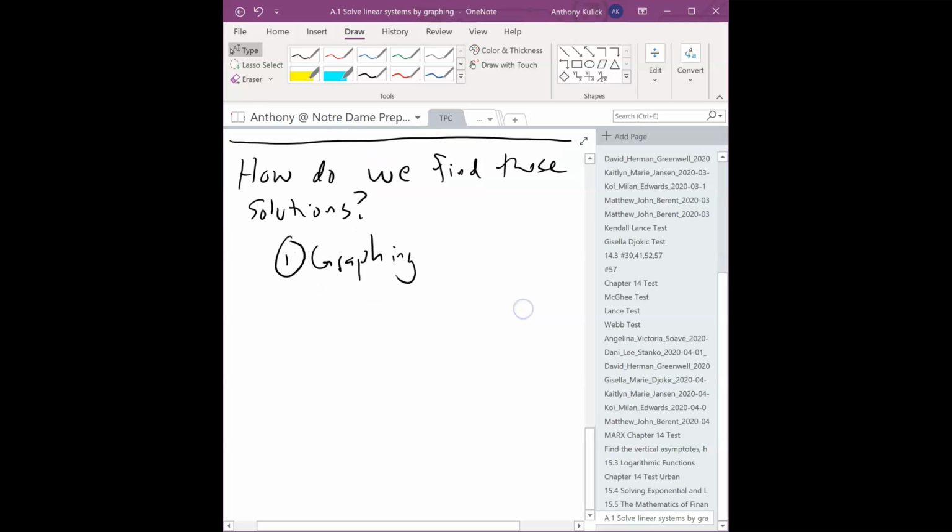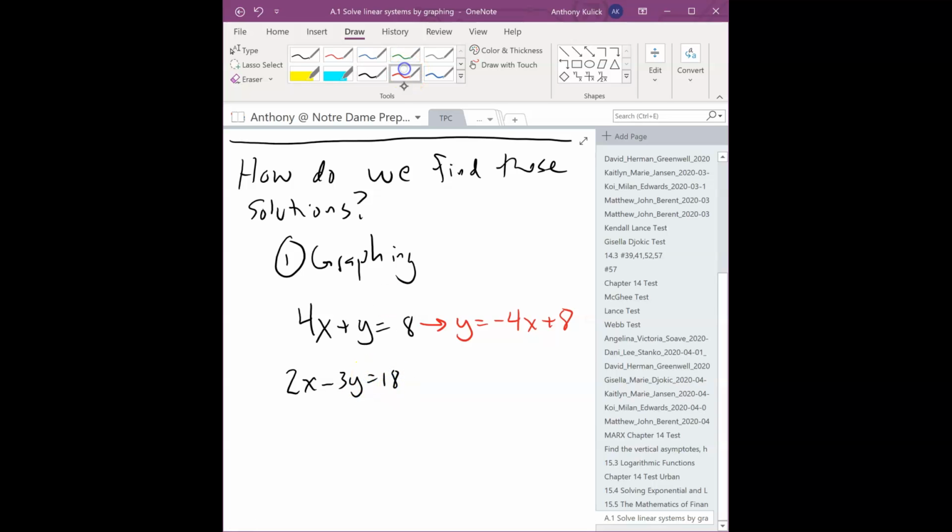So if I wanted to graph these two equations on the same axes, what I'm going to do is rewrite them so that they are in slope-intercept form. So for my first equation, all I need to do is subtract 4x from both sides to get it into slope-intercept form. For my second equation, I'm going to subtract 2x from both sides.